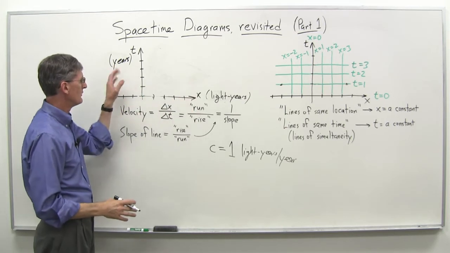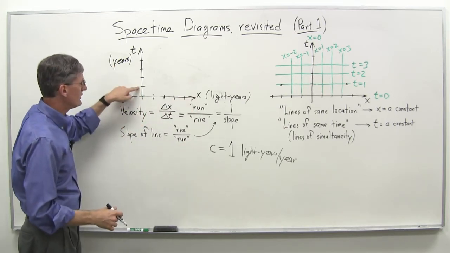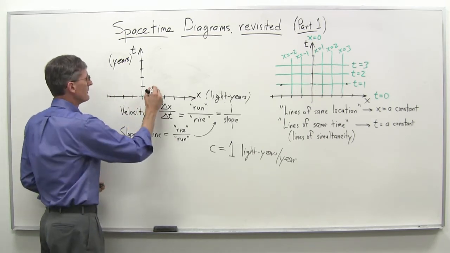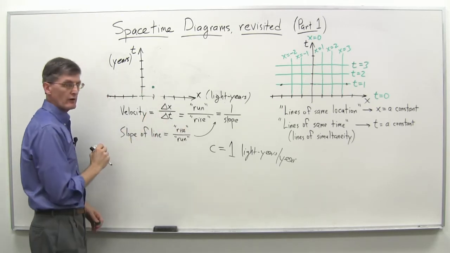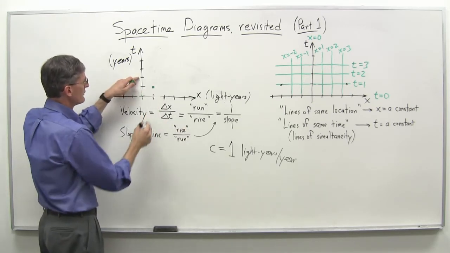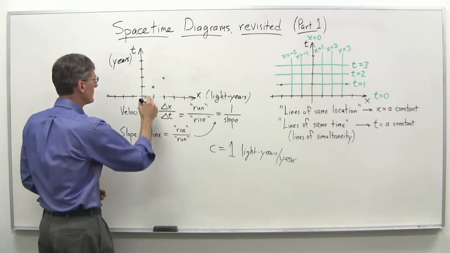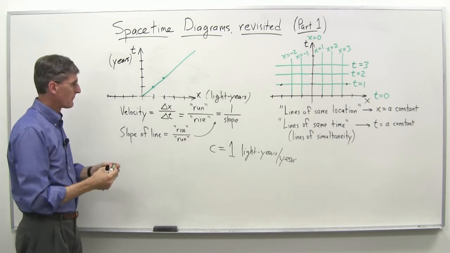So light years and years, c is 1 light year per year. So that means in 1 year, it goes 1 light year. So if we're putting the speed of light, our laser beam shooting off here, in 1 year, it's gone 1 light year. In 2 years here, it's gone 2 light years, and so on and so forth. 3 years, 3 light years. And so we get a nice line at 45 degrees.